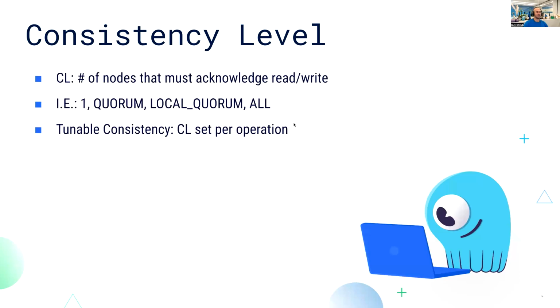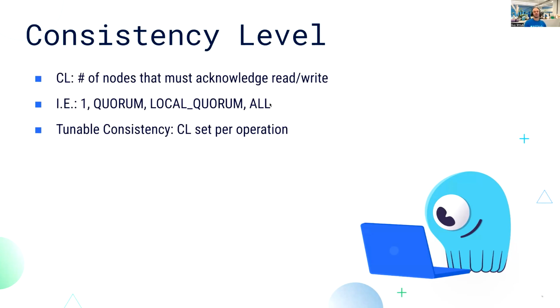Okay, so for example, if I have a query and I set the consistency level to be all, what that means is that all replica nodes, say we have a replication factor of 3, it means all 3 replica nodes must return the value in order for the query to be successful.